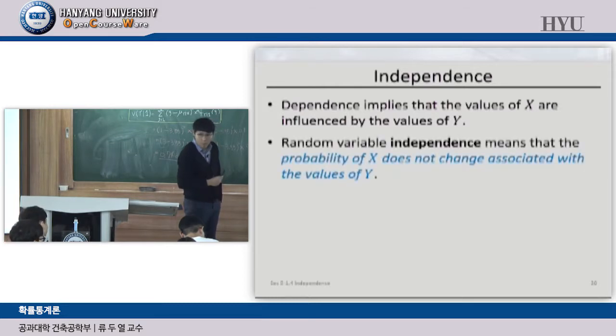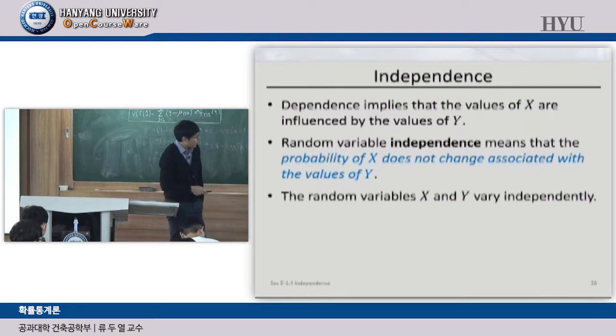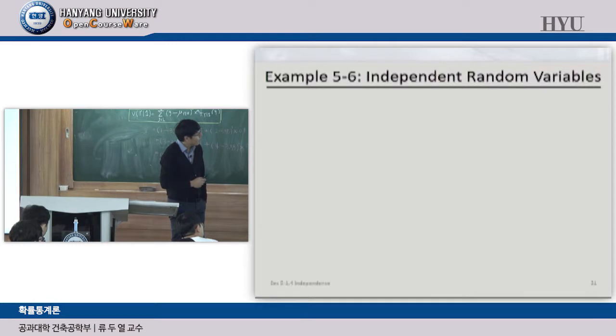Random variable independence means that the probability of X does not change with the values of Y. That is the definition of independence. In this case, the random variables X and Y vary independently. And this is an example of independence.